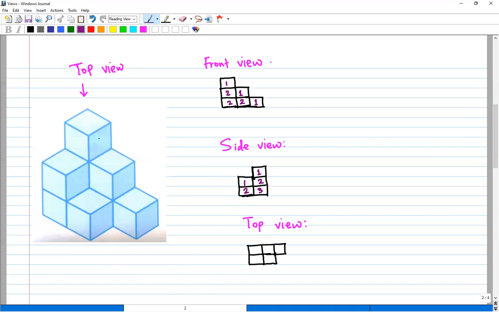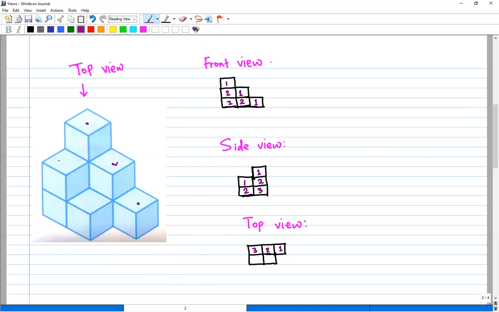Okay, now when you look at this point, this cube, down we have got there 3 cubes. So that's why here we will write 3. Then here we have 2 cubes. This one, and there is another one below this one. Okay, and then this one, it is only 1.